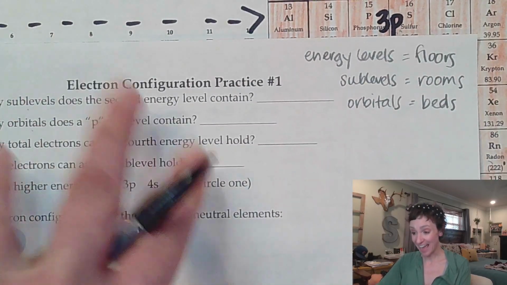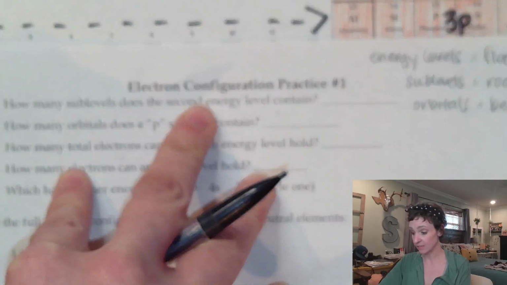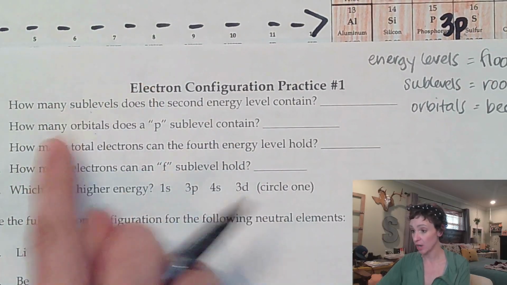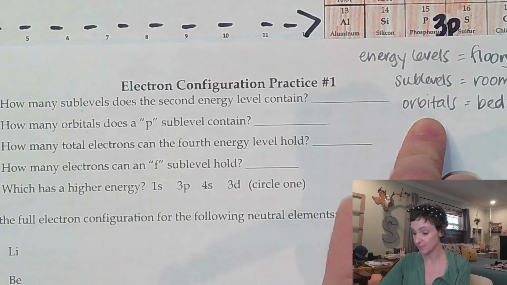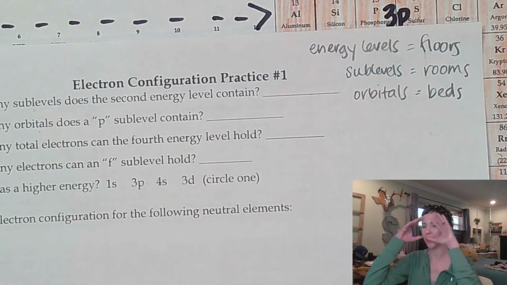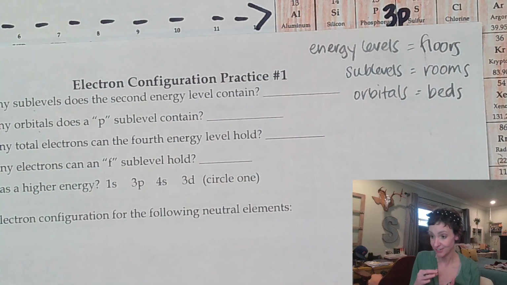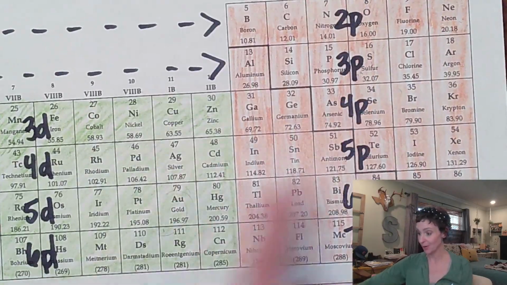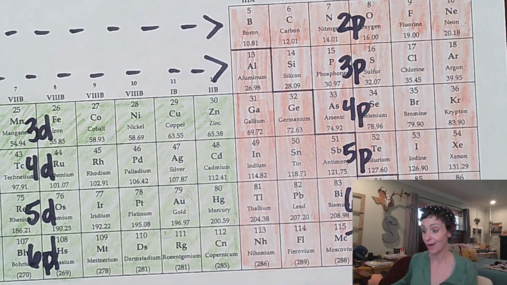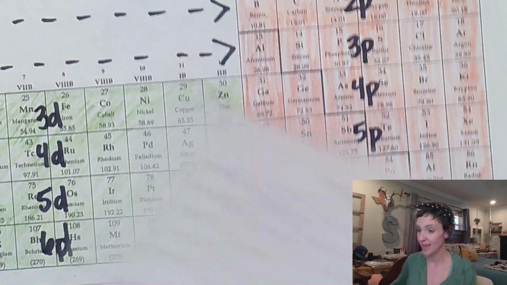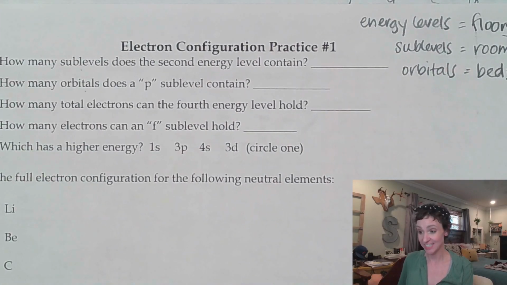So the way that I do these problems, and I've been doing this a long time, I immediately cross off any of these super scary science words and write above it floor, room, bed, and then you can more easily visualize your electron cloud hotel, and your periodic table can help you, showing you how many beds are in a P room or how many electrons can fit in a P room, and then it is so much easier to answer these questions.